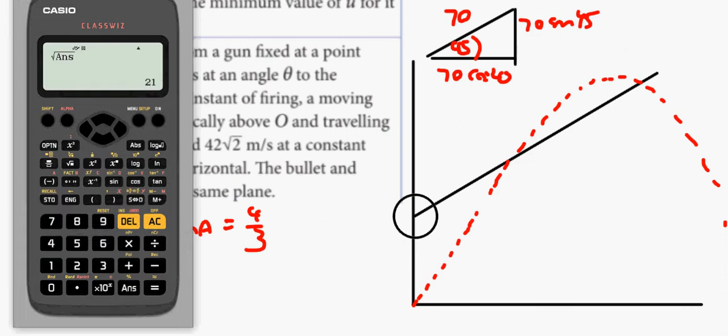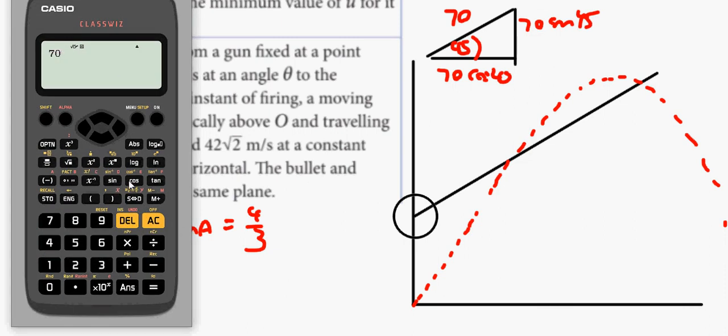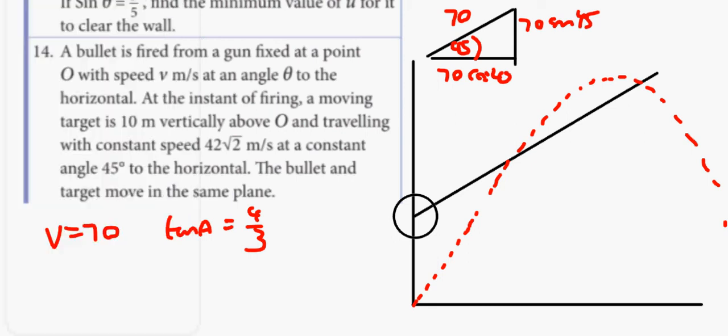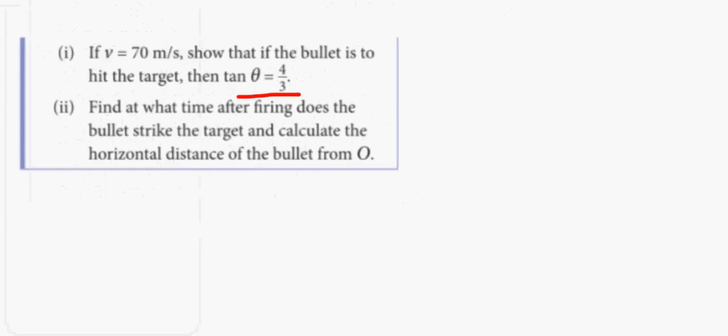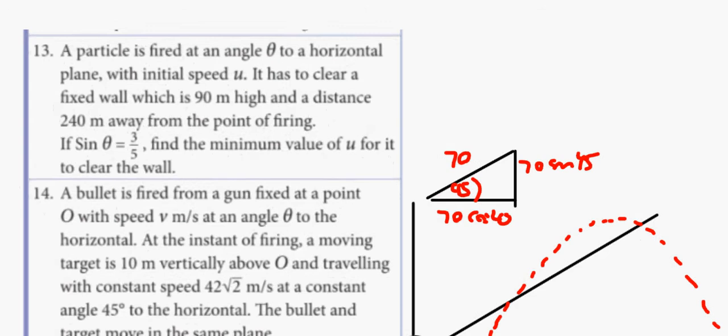So let's find out. I'm not talking about the bullet. I'm talking about the target. Oh, sorry. Sorry, the V value of the bullet is 70, is it? Yeah, you're right. I misread it.